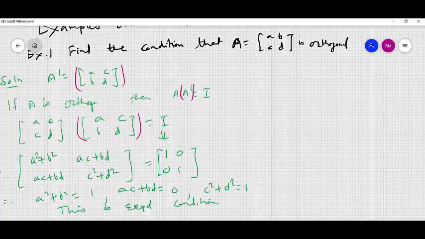We come to the conclusion that we get three equations, and in these three equations there are four unknowns a, b, c, d. So these three equations describe the condition of the orthogonal matrix.